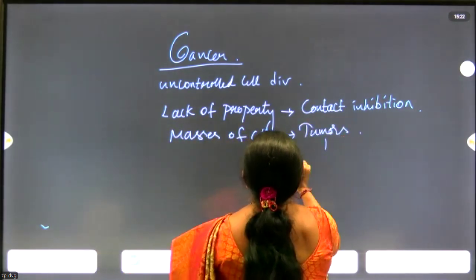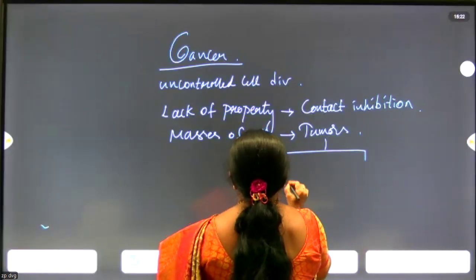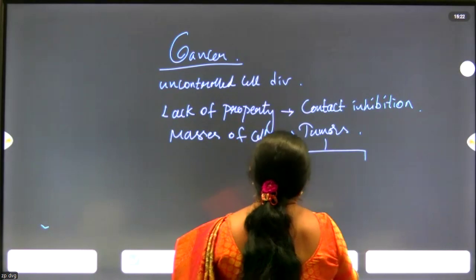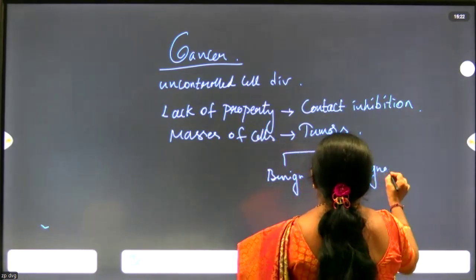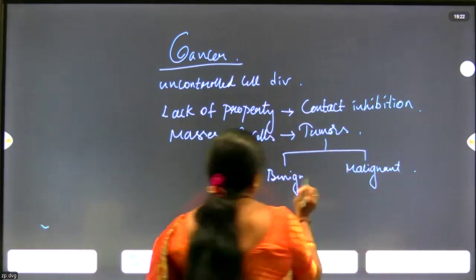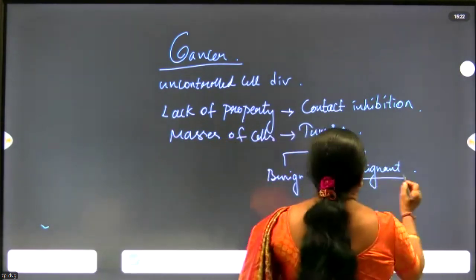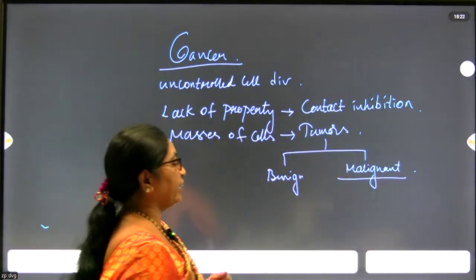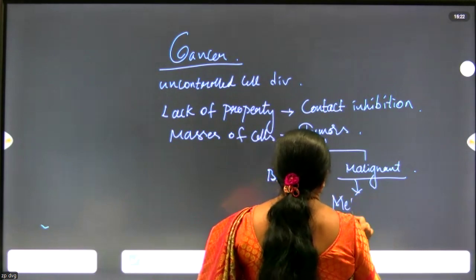So tumors are of two types, benign tumors and malignant tumors. So let's not forget about benign because they are not so harmful. The malignant tumors are quite harmful because they exhibit a property called metastasis.